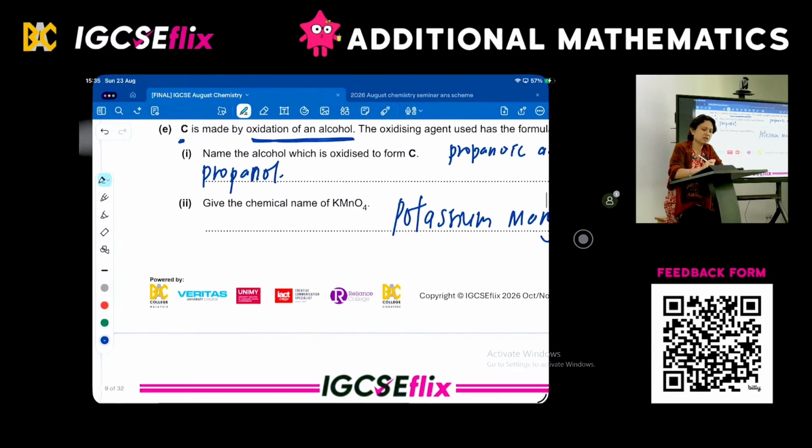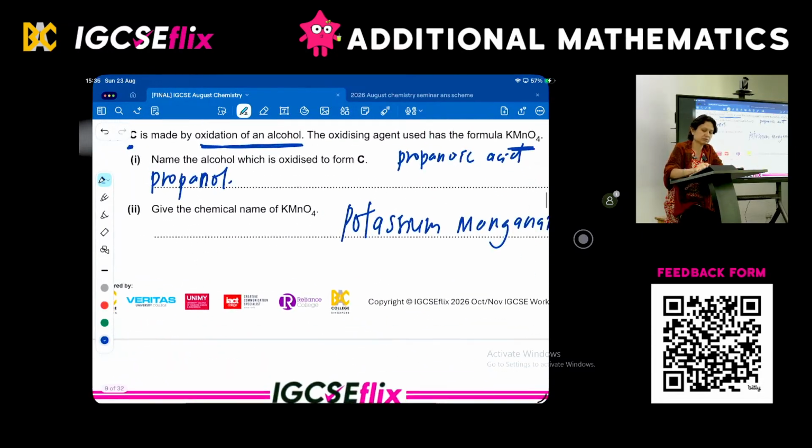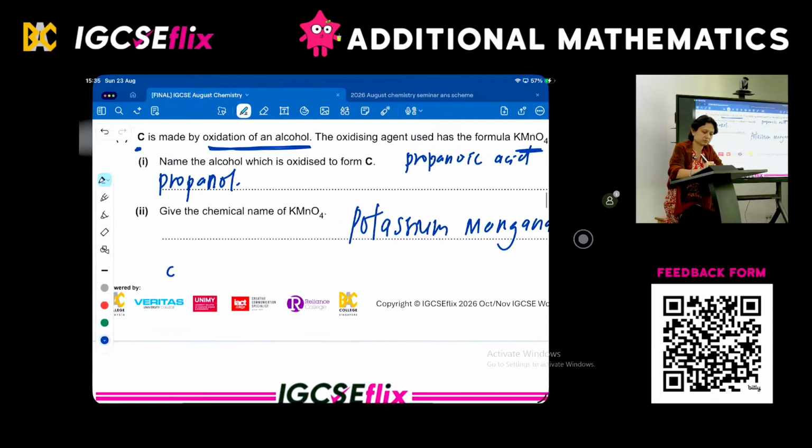You see, ethanol got 2 carbons, right? If you put the OH here, here, here, here, here, or even here, it's all the same. Correct or not? But propanol got 3 carbons.